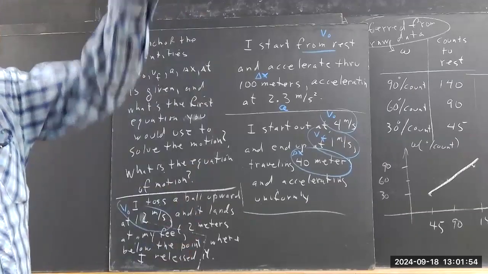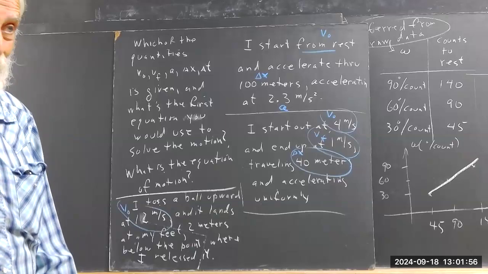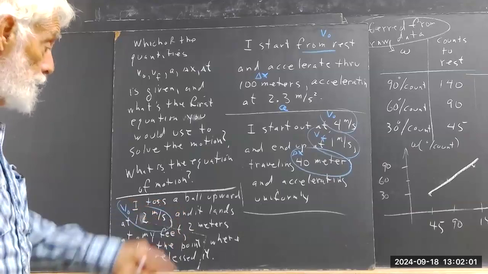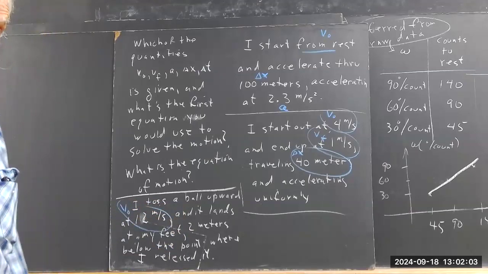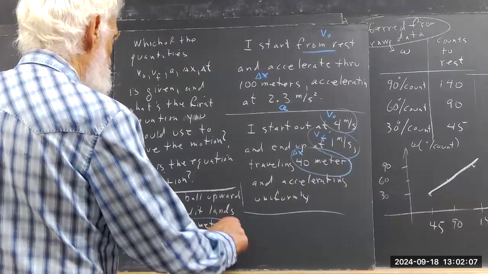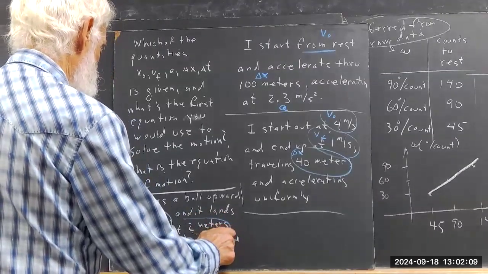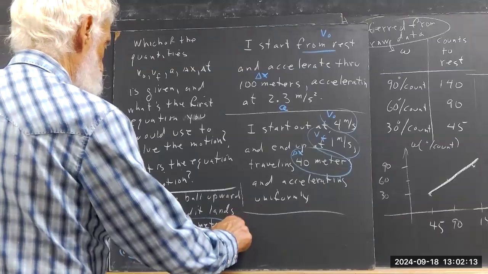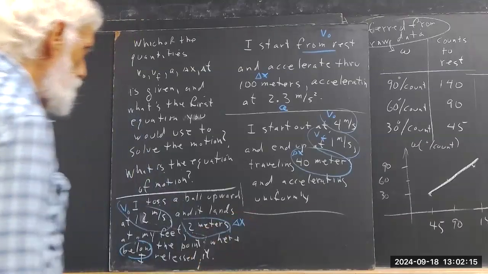It doesn't matter that you follow a path that's longer than your delta X. Delta X is just your displacement from start to finish. So delta X is 2 meters below. So I'm going to circle the 2 meters, and I'm going to circle the below. There's your delta X.